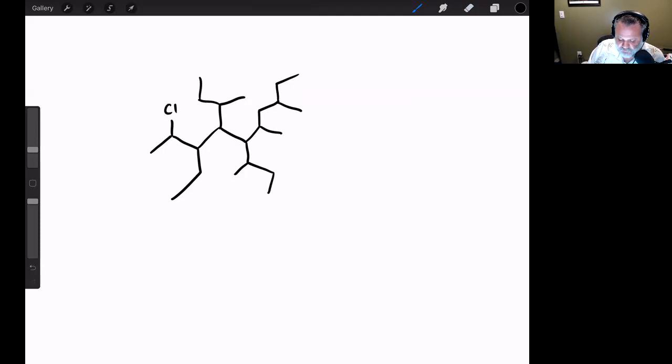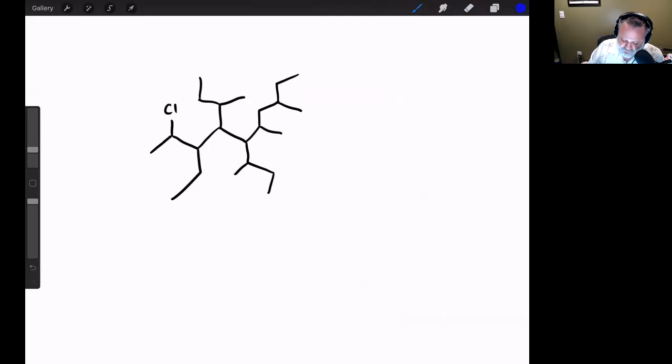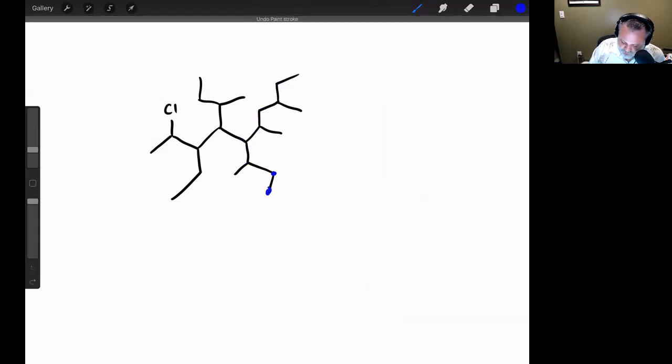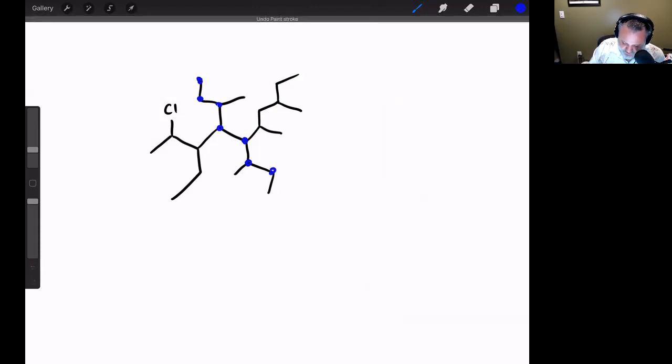All right, so let's try to sort out what the longest chain might be. So I'm going to go through a couple of different possibilities and just make sure that I understand. Start here. 1, 2, 3, 4, 5, 6, 7, 8, 9. That's 9 carbons as a possibility. Let's try 1, 2, 3, 4, 5, 6, 7, 8. That's 8 carbons as a possibility.